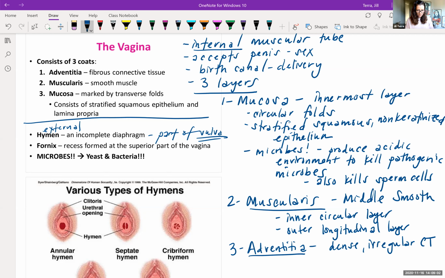And there's a lot of diversity of hymen structures in the population, with a really unknown physiological role. It can obviously get broken from sex. It can get broken through other strenuous exercises and stretches and activities.